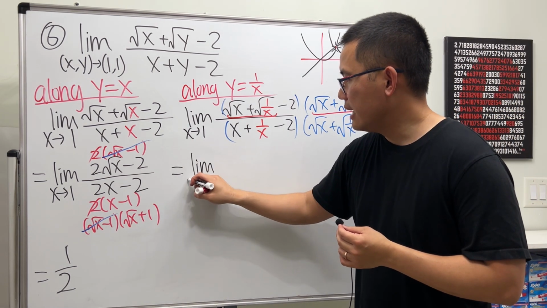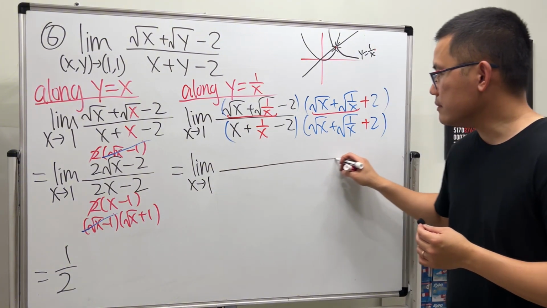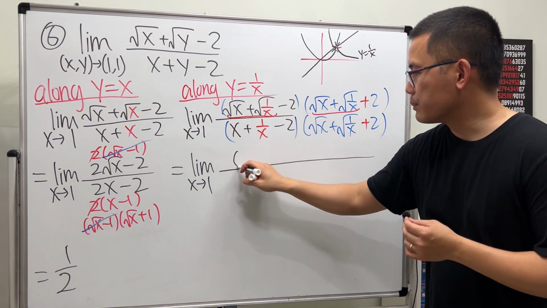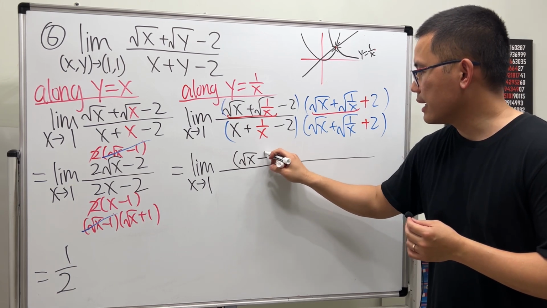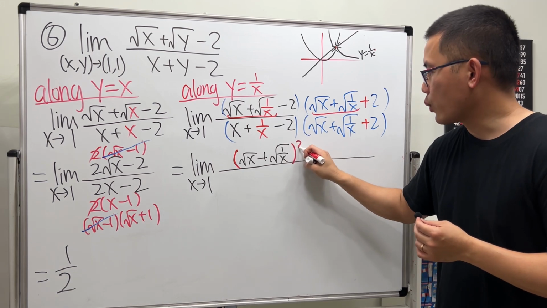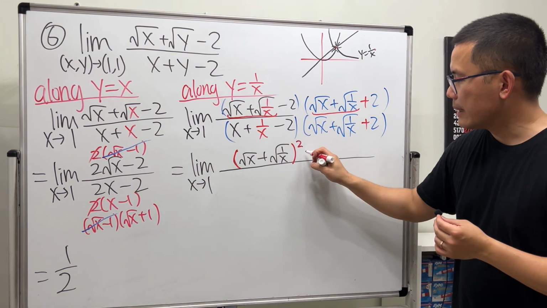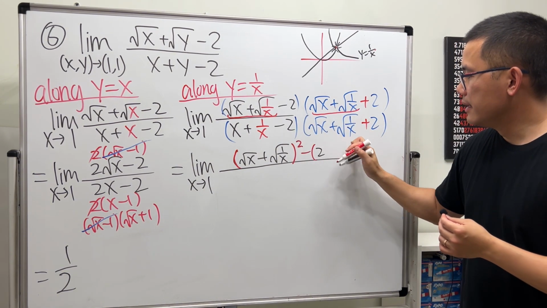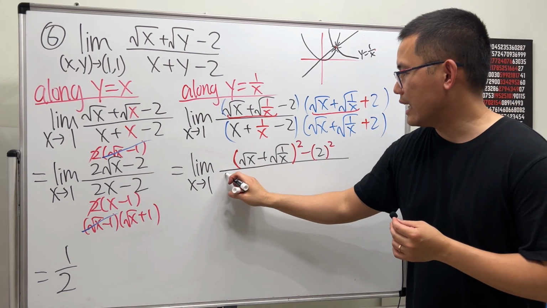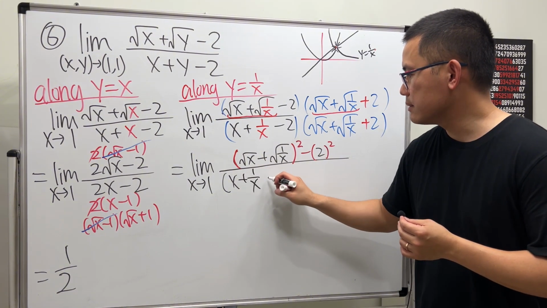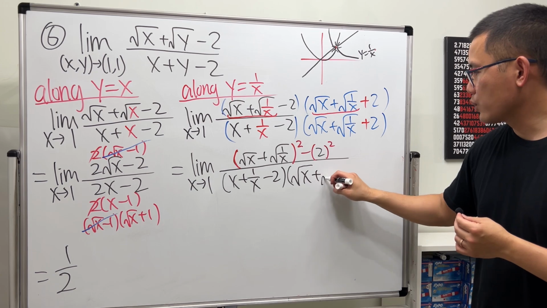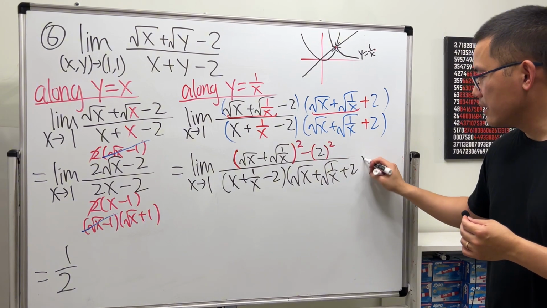This is the limit as x approaching 1. It's always going to be the first term squared, so we end up with parentheses square root of x plus square root of 1 over x, this thing squared, and then we subtract the second squared. And for the bottom, just keep it. So we still have x plus 1 over x minus 2, and then times square root of x plus square root of 1 over x plus 2.